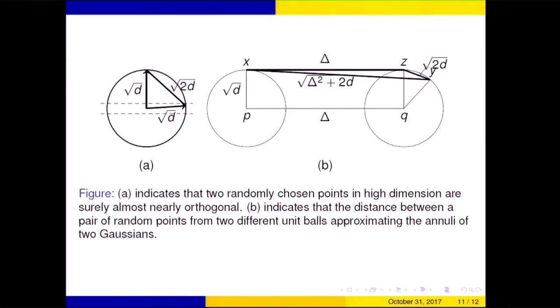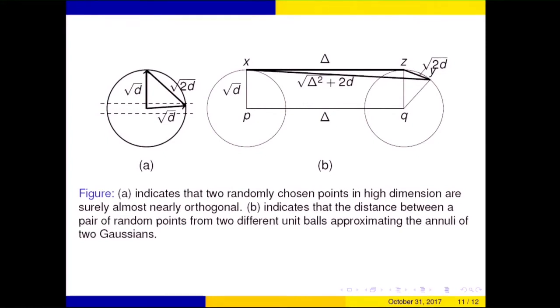Let's see the distance between them. The vector is: I go from x to its center P, I go from the center P to Q, and I go from Q to y. Now, let's pretend that this angle is 90 degrees. Also, this is 90 degrees. It doesn't look like 90 degrees, but it is.